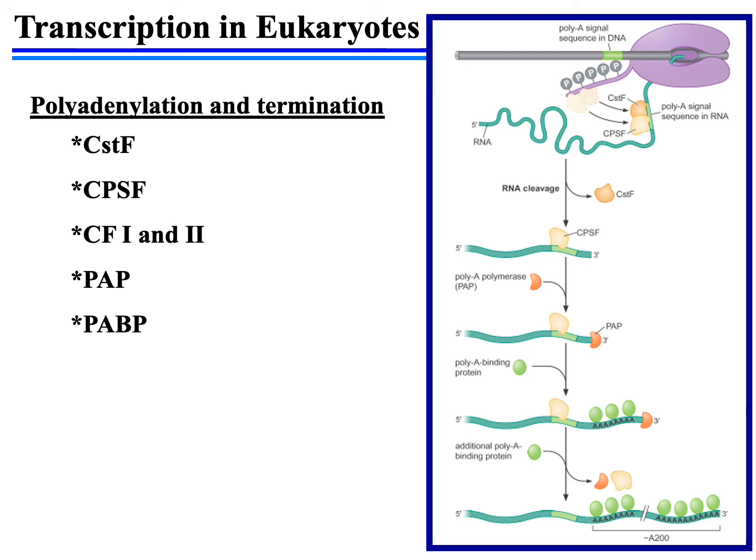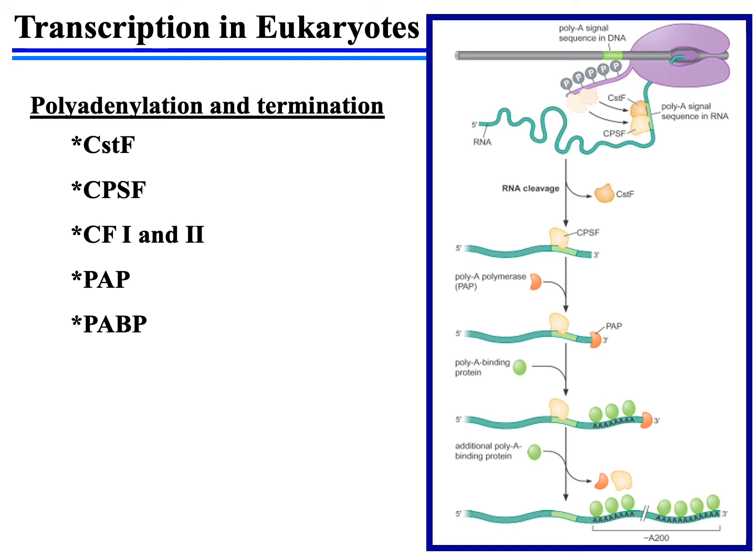So at the very top of this figure, you can see those two factors bound to the tail. And what happens is the polymerase transcribes past the two signal sequences I mentioned previously, the polyadenylation signal plus the upstream site, upstream of the polyadenylation signal. So the polymerase transcribes past that site.